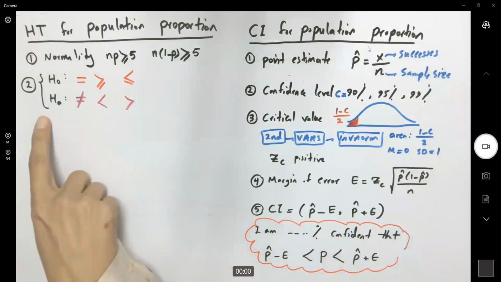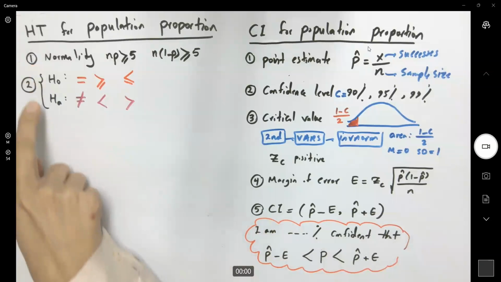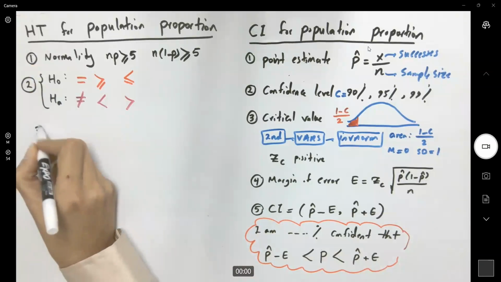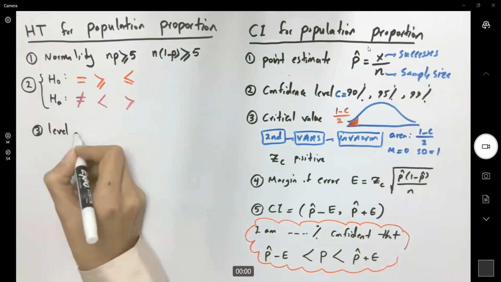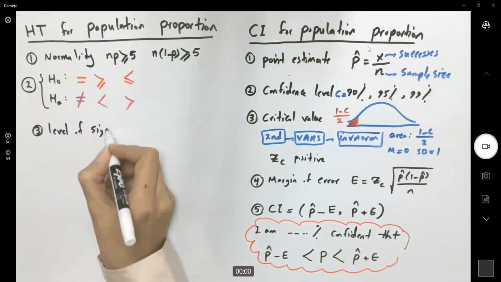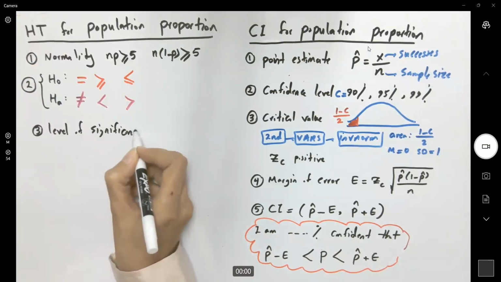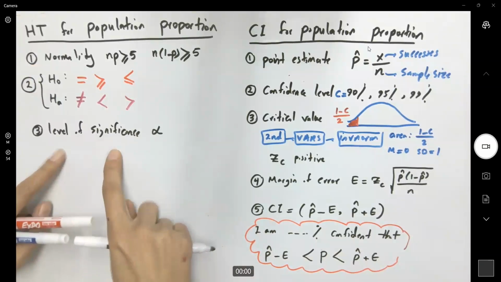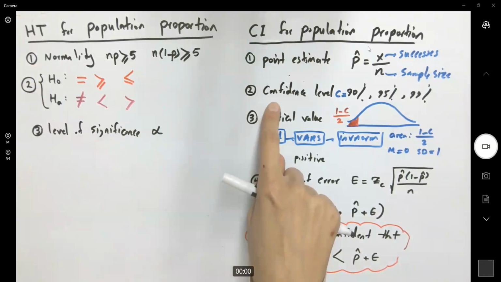Okay, after constructing the null and alternative hypothesis, we need to identify the level of significance, step 3. What is the level of significance, or alpha? Guys, do not confuse the level of significance with the confidence level.